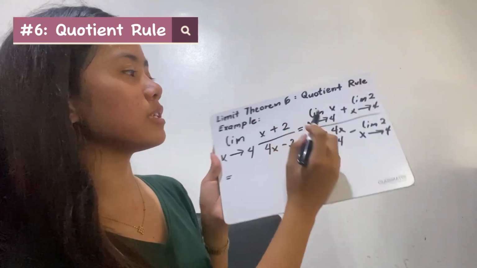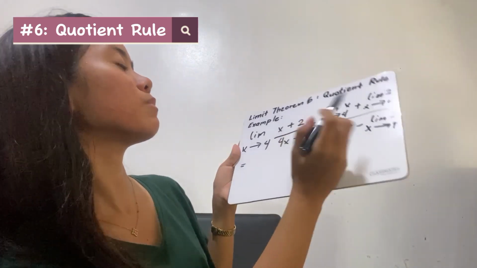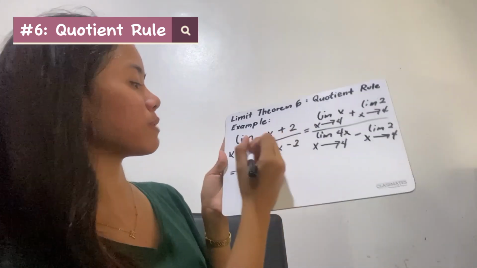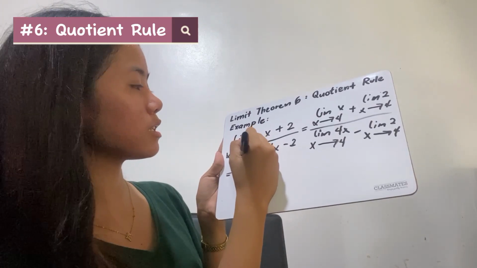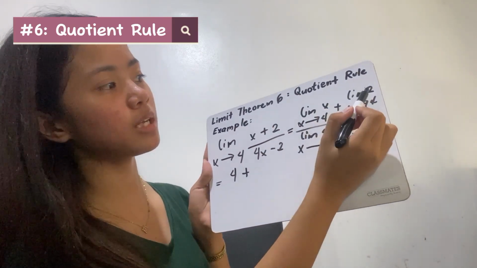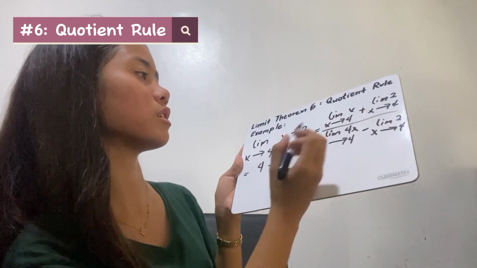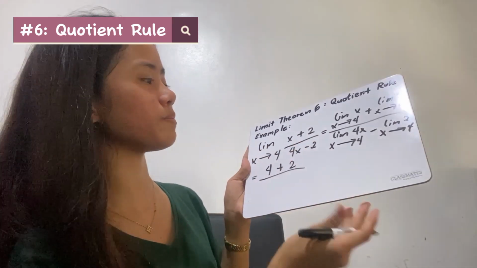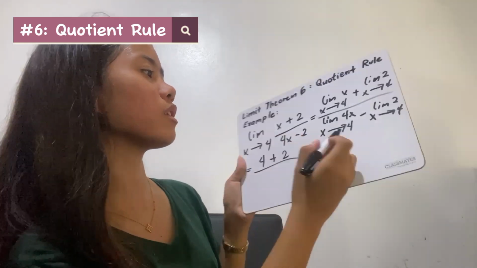So, dito naman sa limit of x as x approaches to 4, i-apply natin yung limit theorem number 2. So, magiging sagot is 4 plus naman limit of 2 as x approaches to 4. Apply yung limit theorem number 1. Ang magiging sagot is 2 over the limit of 4x.